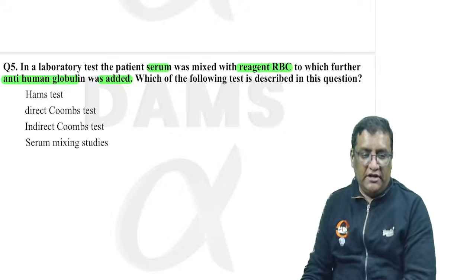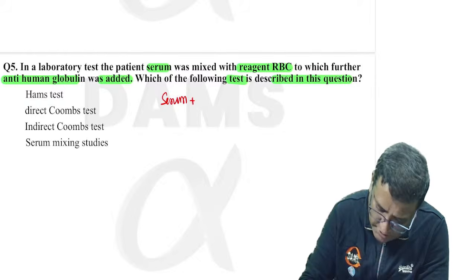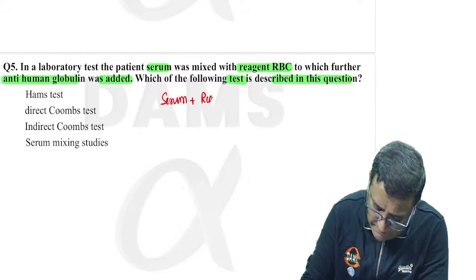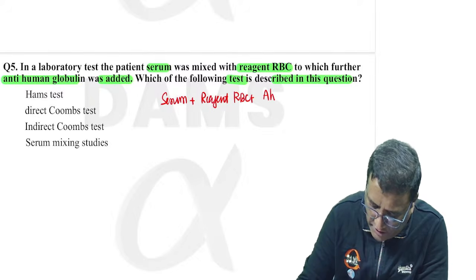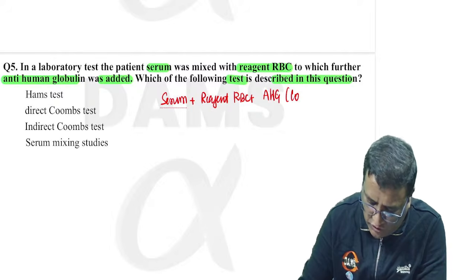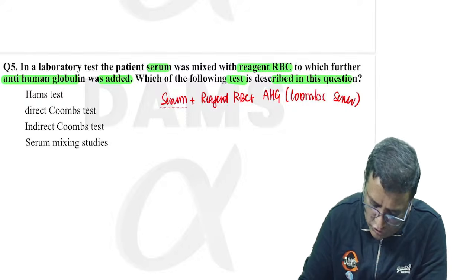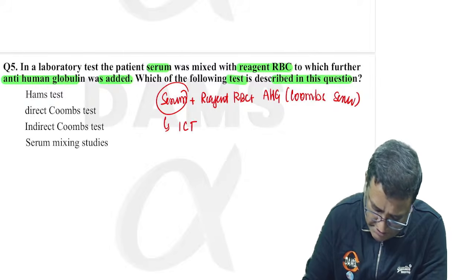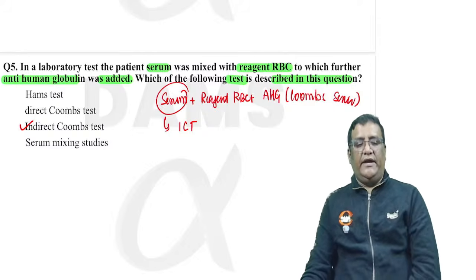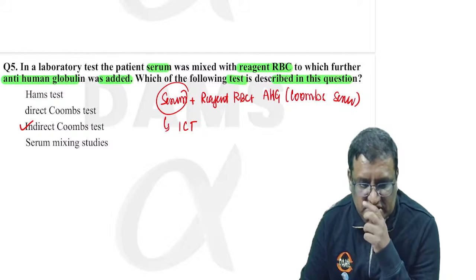So serum is mixed plus reagent RBC plus anti-human globulin, AHG we can call it. This is nothing but your Coombs serum. So what test has been done? This is a Coombs test, and we are taking the patient's serum. That is why this is an indirect Coombs test, ICT. Option C, indirect Coombs test, is described here.